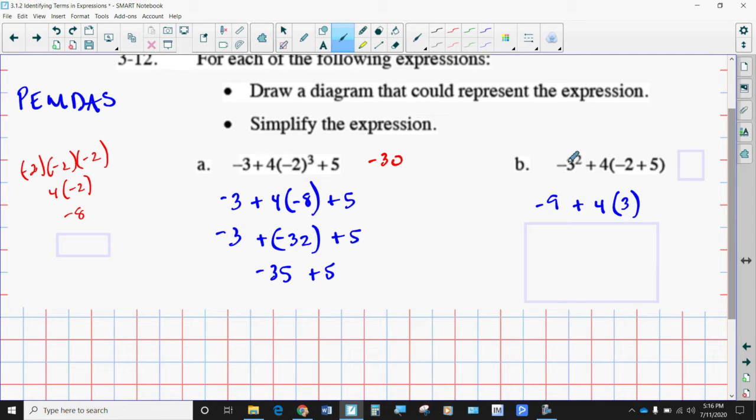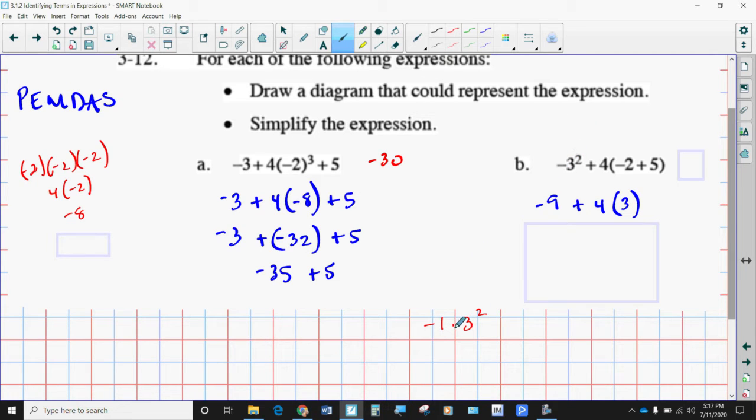In this case, there's no parentheses around the -3. So this technically means, I'll write it down here, -1 times 3 squared. Anytime there's a negative sign attached to a number, it literally means -1 times that number.